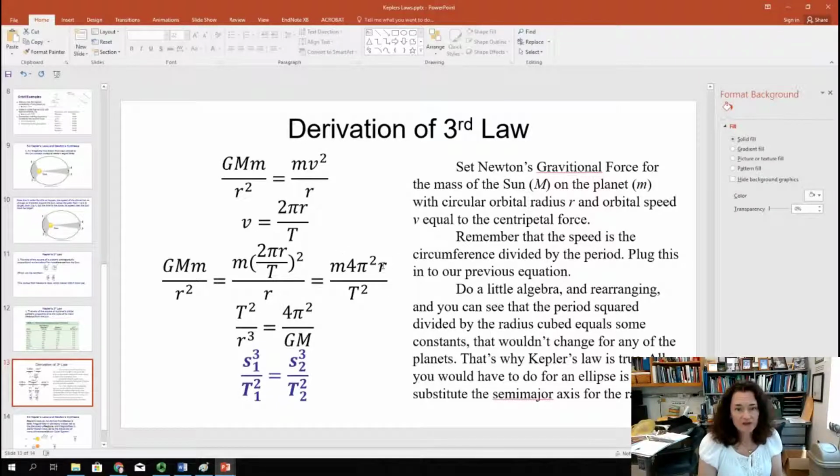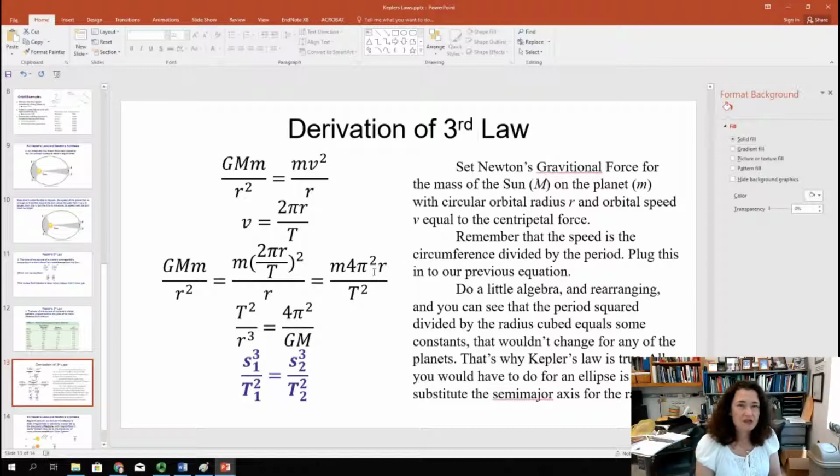Now, doing a little bit of algebra, some of these things are going to cancel out and multiply, and then you'll end up with m 4 pi squared r over T squared equals G big M little m over r squared. Now all I have to do is cross multiply and rearrange some terms.